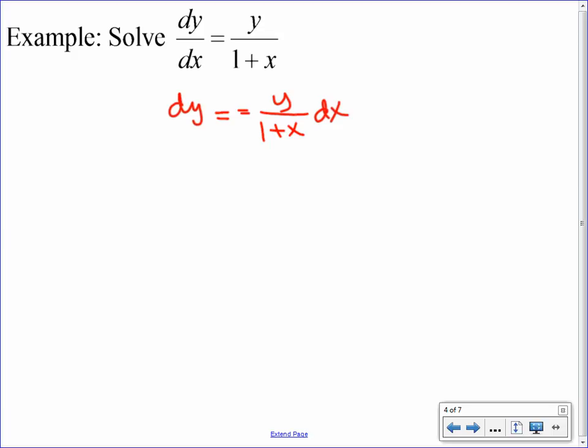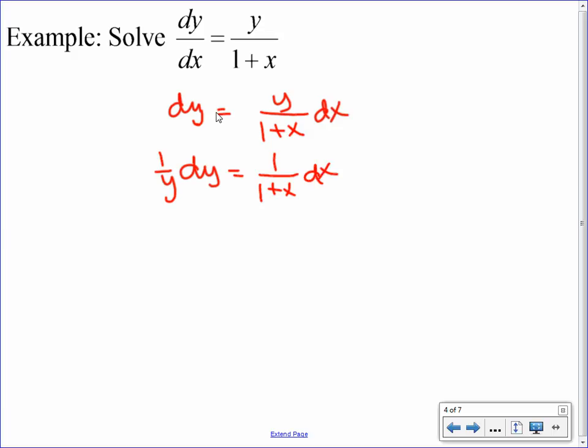How do I get y to the other side? Okay, divide by y. So we have 1 over y times dy equals 1 over 1 plus x times dx.